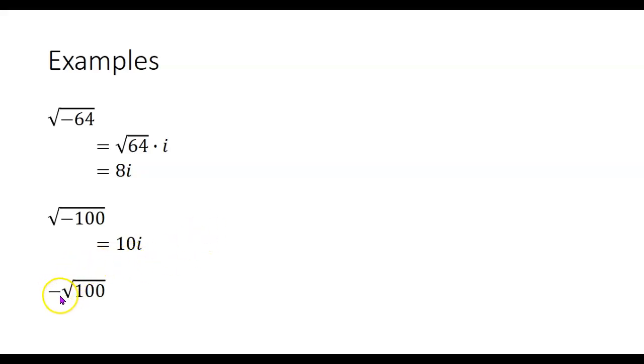And what if the negative sign was outside the radical sign? Negative square root of 100. Well, that would just be negative 10. The square root of 100 is 10, so a negative sign in front of that is negative 10. And what if we had negative square root of negative 100? Well, we've already said the square root of negative 100 is 10i.